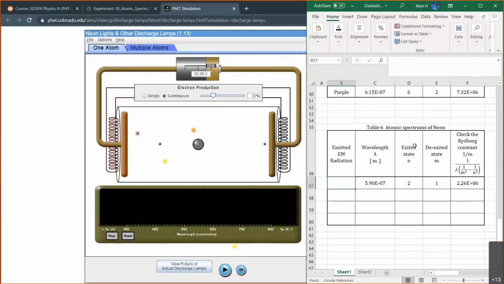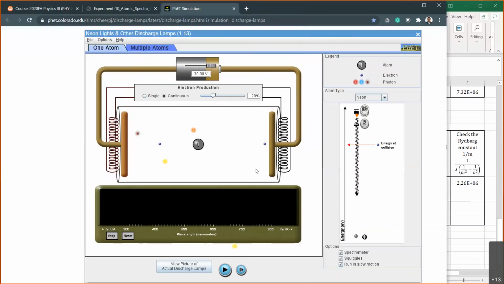All right. So let's do the last observation. Then actually we're done. Any question? Okay. So let's check it out. This one then, the neon spectrum.